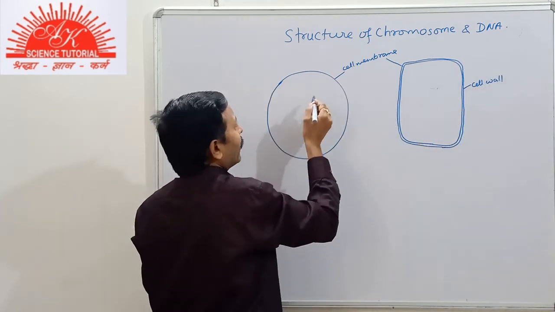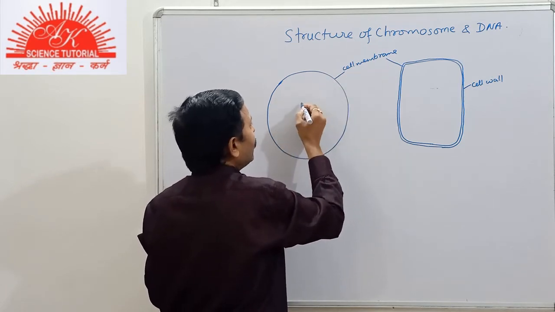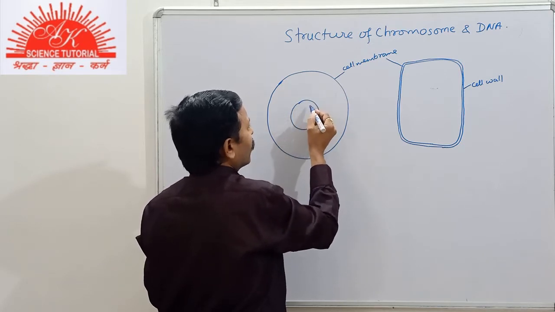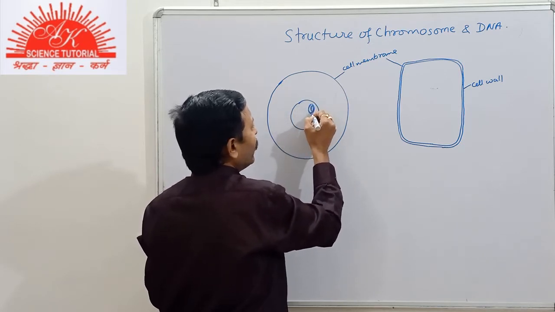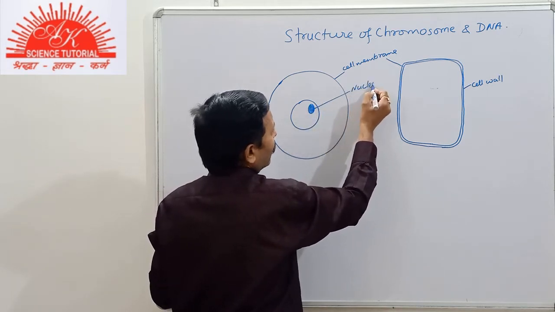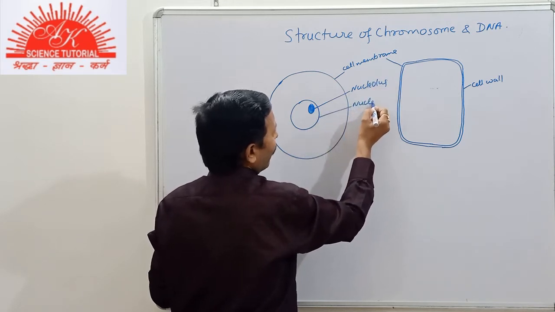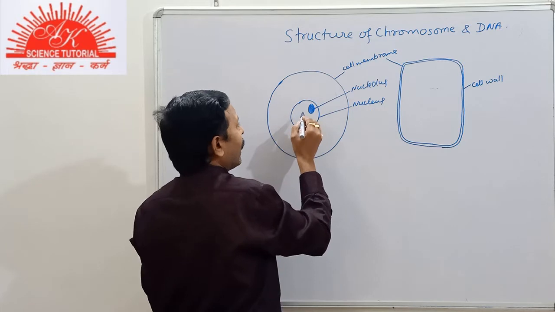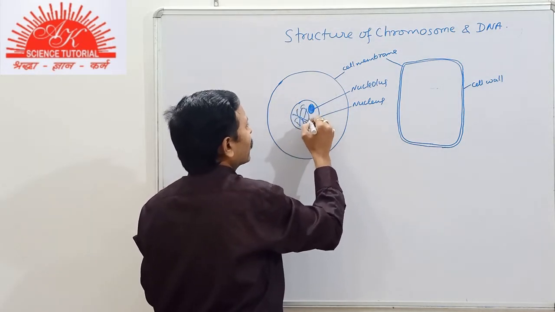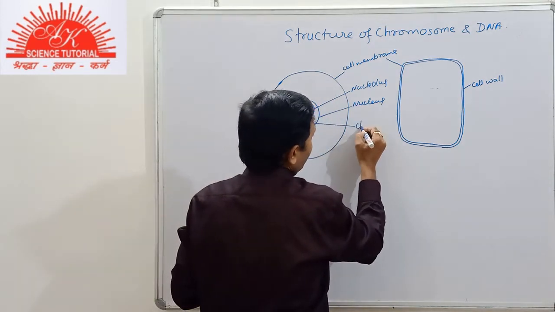Now then, inside the cell membrane there is the protoplasm. In the animal cell, in the center almost, there is a round body called nucleus, which has a condensed structure called nucleolus. This is nucleus. And inside it there are many fine thread-like structures which are called chromatins.